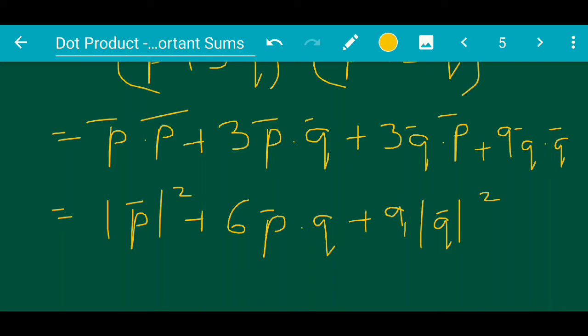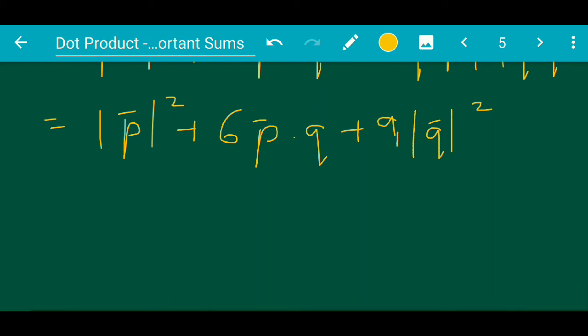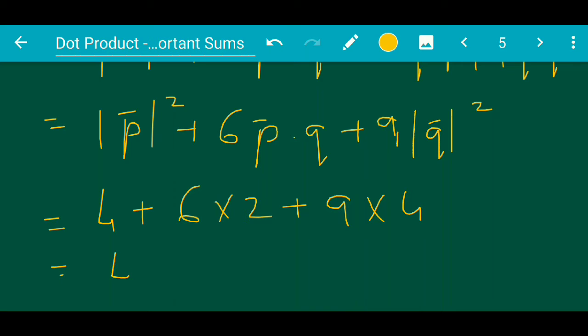Upon having written it this way, p square comes out as 2 square, which is 4, plus 6 into 2, plus 9q square, that is 9 into 4 again. So this comes out as 52.